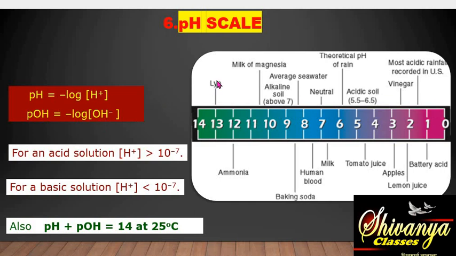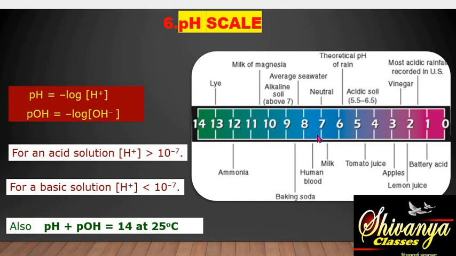So the pH scale is a scale representing the number line from 0 to 14. From that, 7 is the neutral number where the pH is neutral. What does it mean? At 7, the concentration of H plus ion is 10 raised to minus 7, and the concentration of OH minus ion is 10 raised to minus 7.